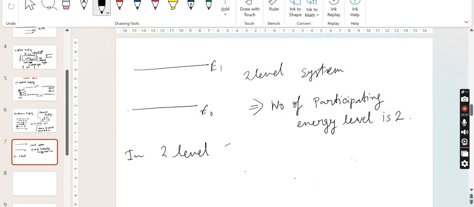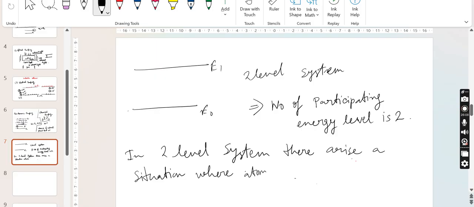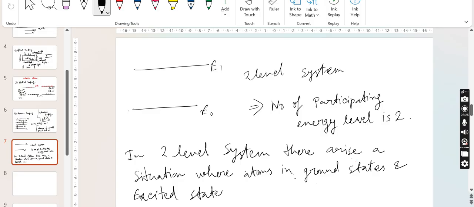In a two-level system, there arises a situation where the atoms in the ground state and the excited state become equal.